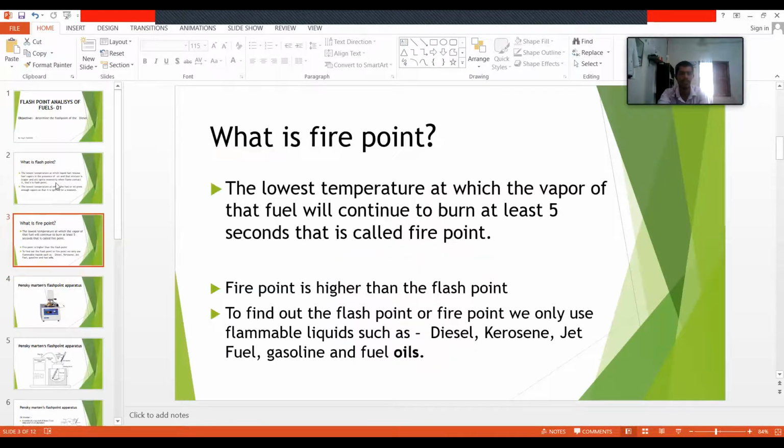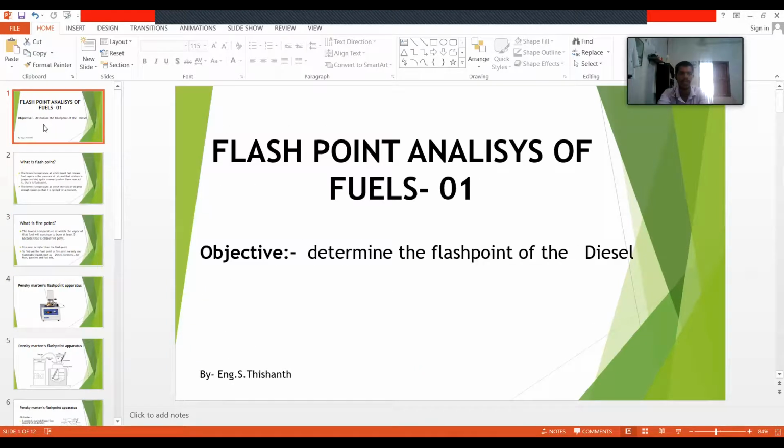But the problem is, petrol has a flash point below room temperature, that means below 30 degrees Celsius or 25 degrees Celsius. That means if we take some sample of petrol at room temperature and introduce fire, what will happen?